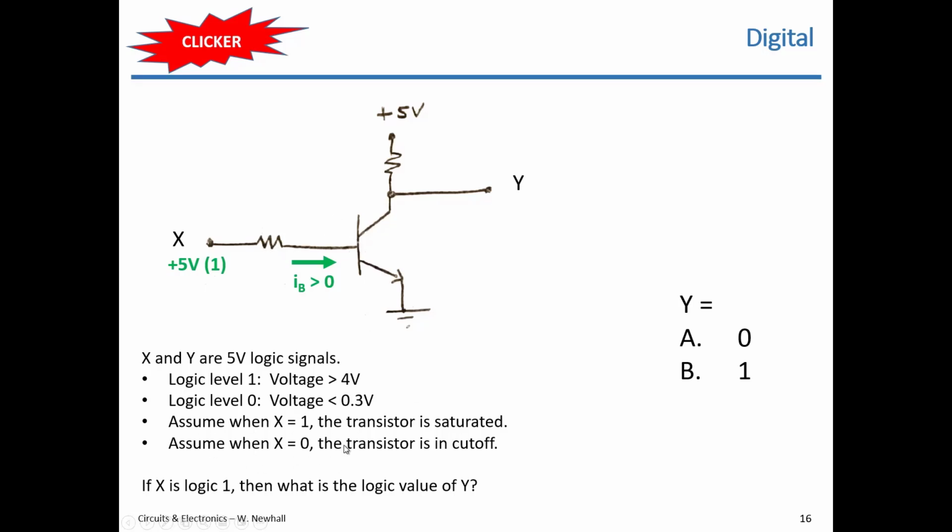That's what these two bottom bullets are here, right? If X is 1, meaning there's base current, the transistor is saturated. If that transistor is saturated, VCE sat is some low voltage. We assumed about 0.2 volts in this class. So that means the node voltage of Y is 0.2 volts, logic level 0. So the answer is 0.